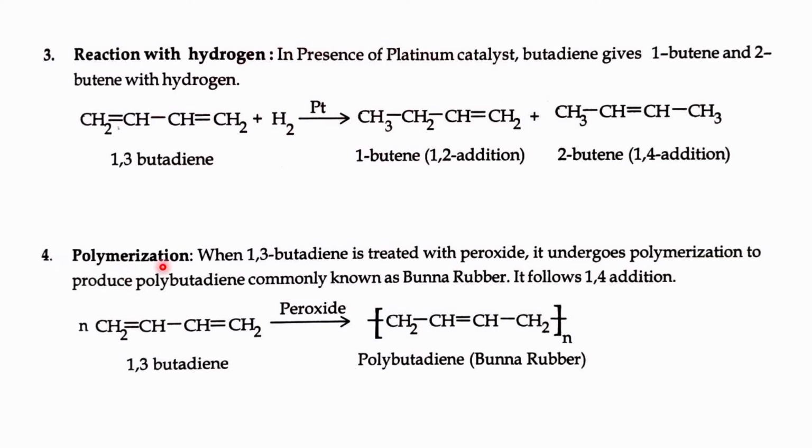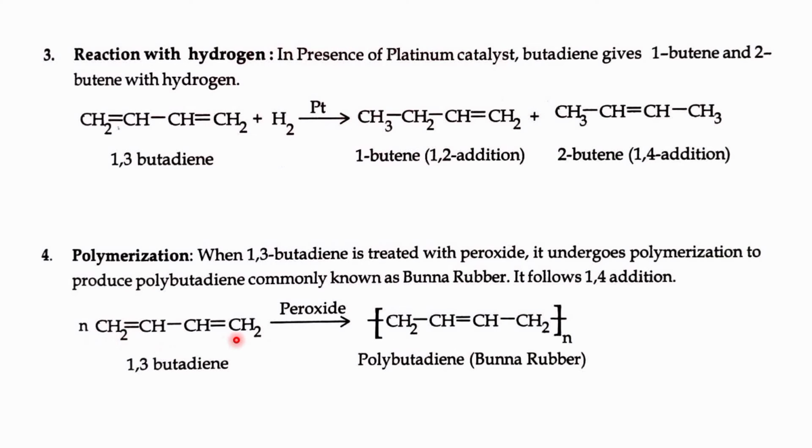And the next one is the polymerization reaction. We have already seen the polymerization reaction. Polymerization is the reaction in which addition of molecules takes place. These molecules get added to each other in a chain, which may be a chain of 2, 3, 4, or maybe an infinite chain.